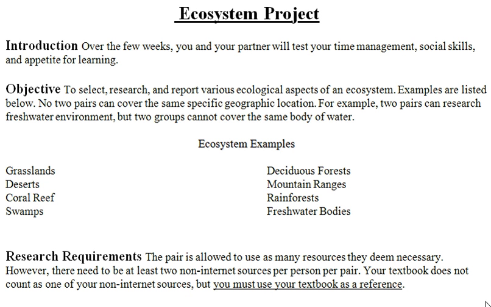Grasslands, deserts, coral reefs, swamps, deciduous forests like the Stanislaus Forest, mountain ranges like the Sierra Nevadas, rainforests, and freshwater bodies, meaning rivers and lakes and stuff like that. For any ecosystem, you would want to pick a specific example of that ecosystem.